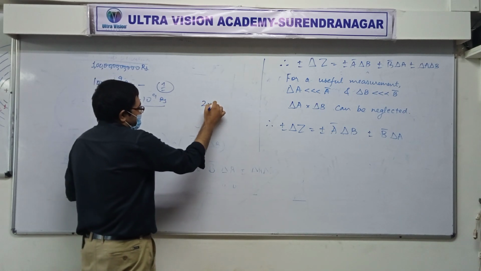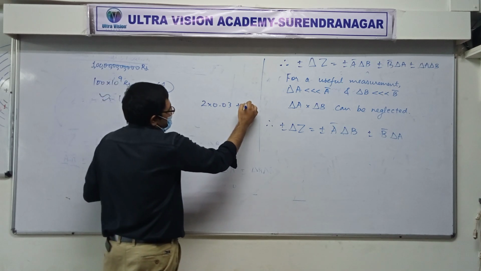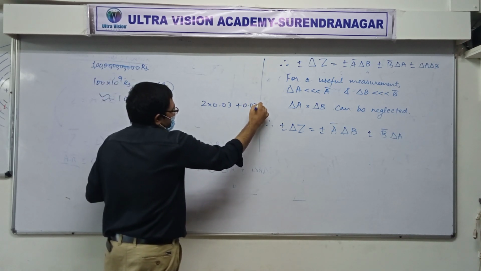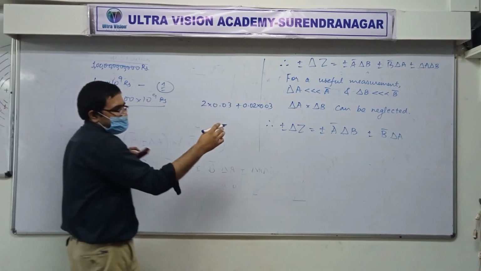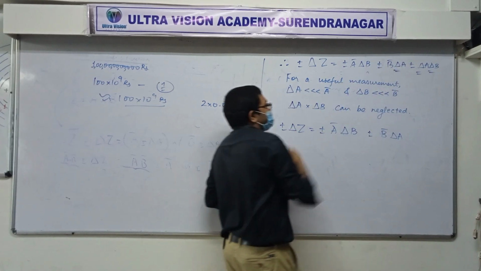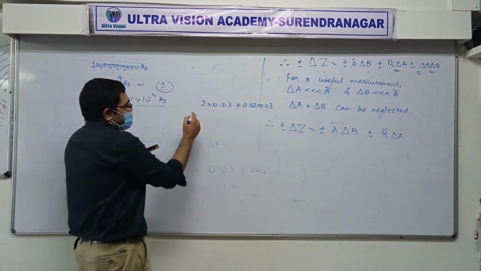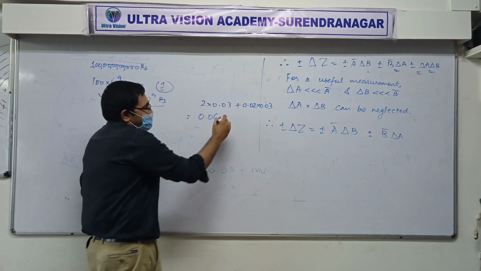Suppose I tell you to multiply 2 with 0.03 and then add it with, suppose, 0.02 with 0.03. Okay, it's a similar situation here. This is delta A and this is delta A into delta B. So what's the first one? 0.06. Small, agree. But look at the second one.